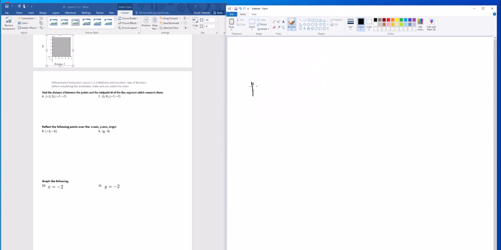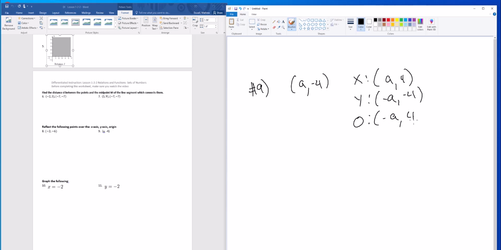For number 9, reflect the point. So if I have the point A, -4, if I want to reflect that over the x-axis, you add a negative to the y, so you get A4. If I wanted to reflect that over the y-axis, you add a negative to the x. And the origin, you add a negative to both.